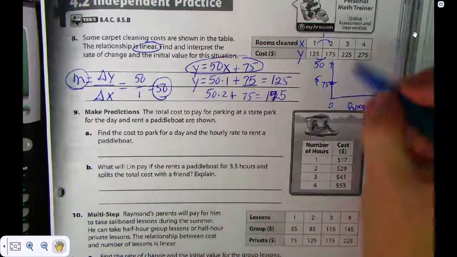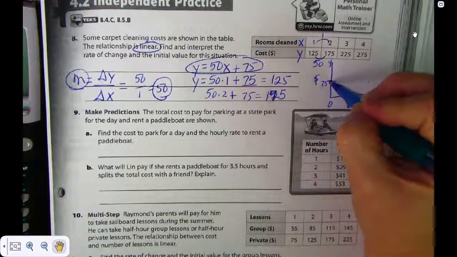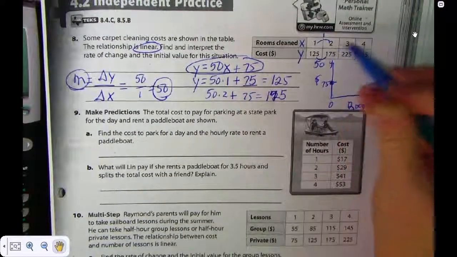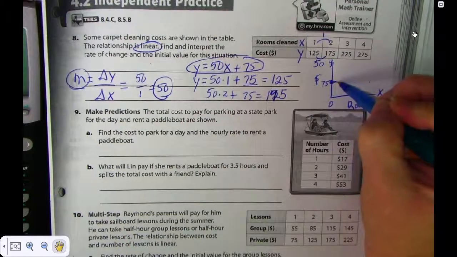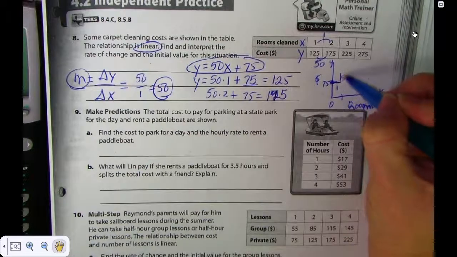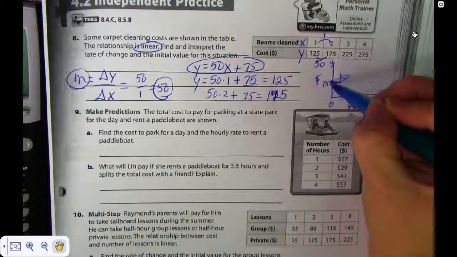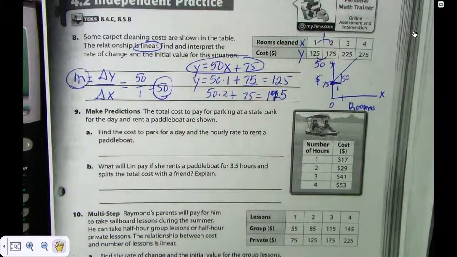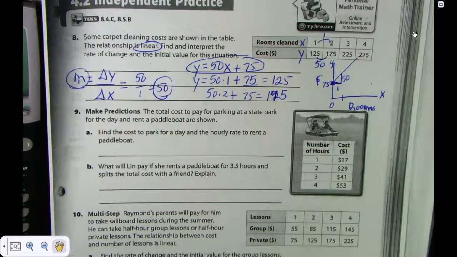Now what am I going to do? What does the 50 represent? Slope. So I'm going to go over 1 and up 50, because it's $50 per room. The slope is 50.